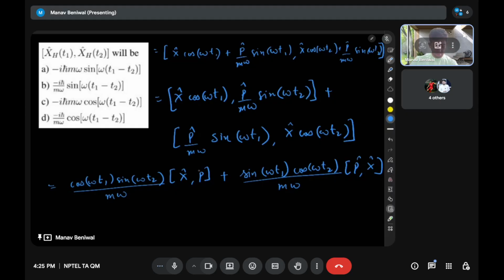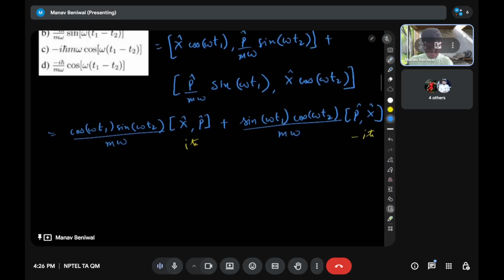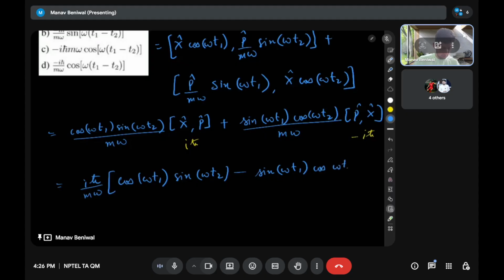Now this term is just iota h cut, and this term is minus iota h cut. So let's take out the common factor iota h cut by m omega, and inside we will have cos omega t1 sine omega t2 minus sine omega t1 cos omega t2.